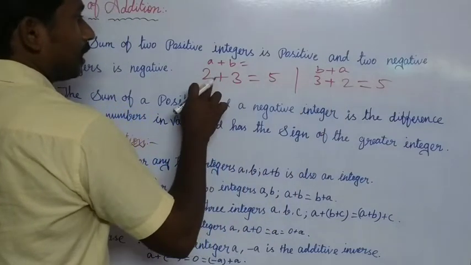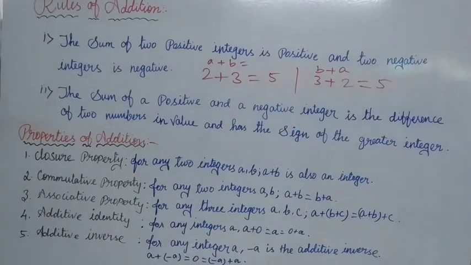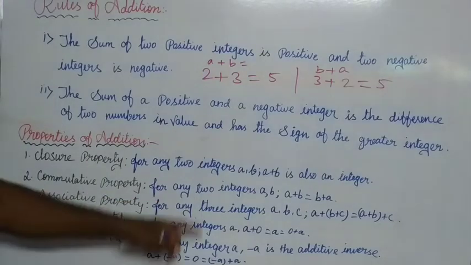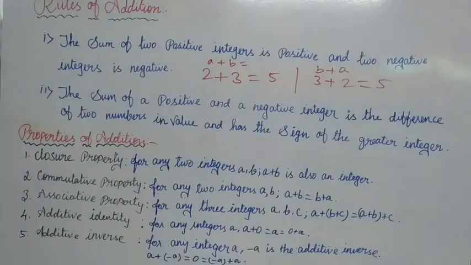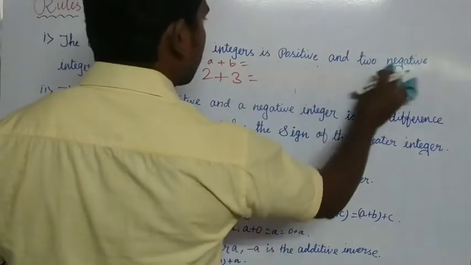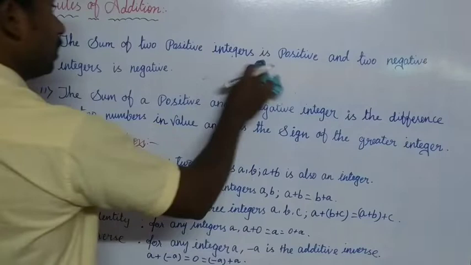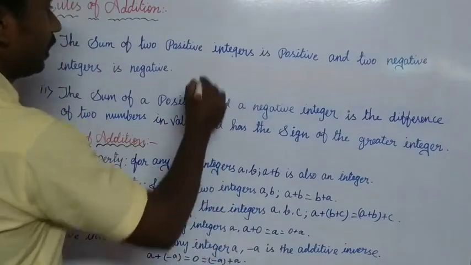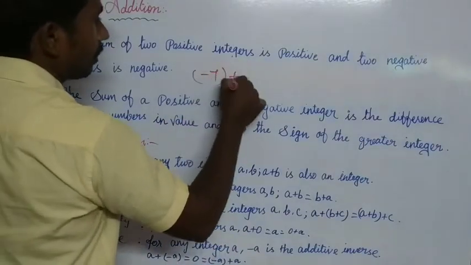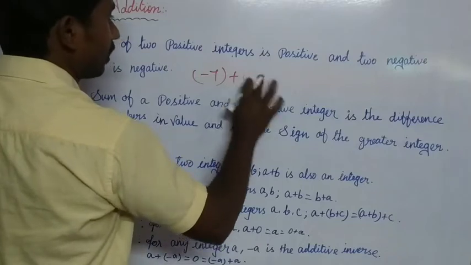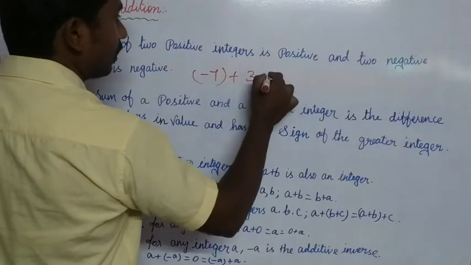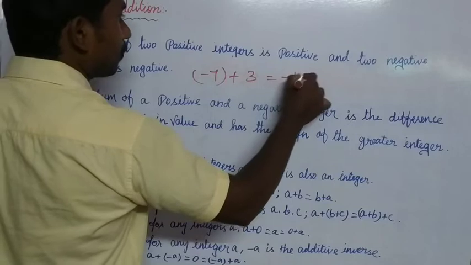That is a plus b is equal to b plus a. That is the commutative property for any two integers. You can also use the property for negative numbers. For example, one negative, another one positive. For example, -7 plus 3. -7 plus 3 is equal to what is the answer? -4.